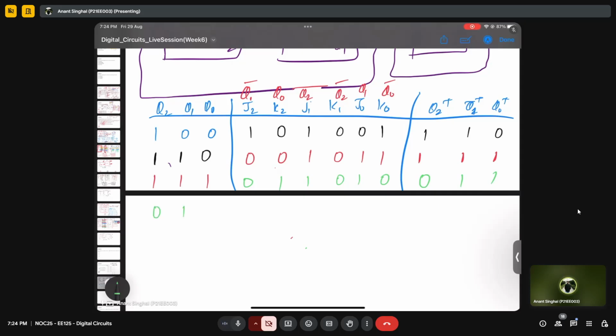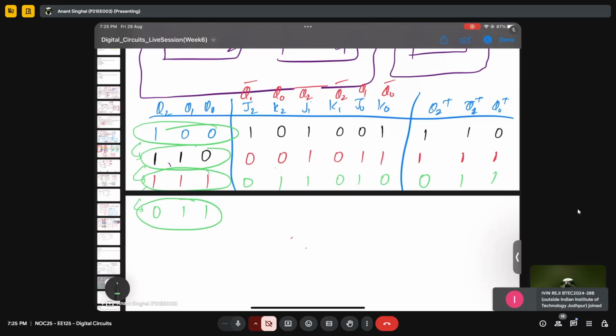So 0 1 1. So we have got the states. From 1 0 0 it went to 1 1 0. From 1 1 0 it went to 1 1 1, and then it went to 0 1 1. Is it clear to everyone? I think the options are gone, but yeah, the correct answer is 1 1 0, 1 1 1 and then 0 1 1.